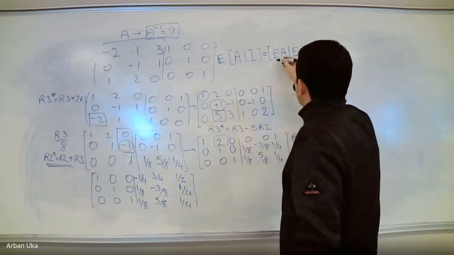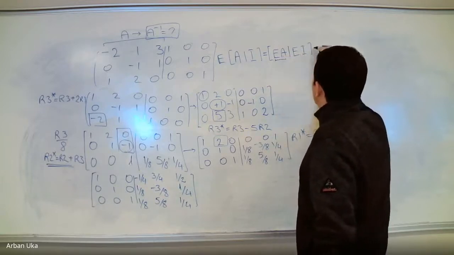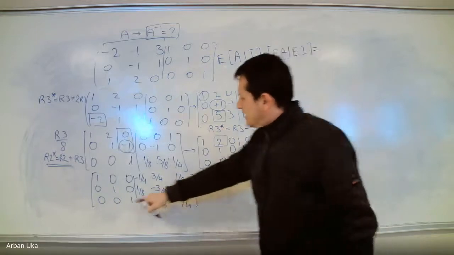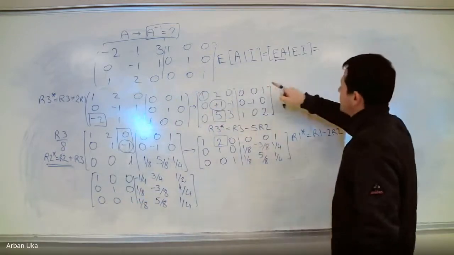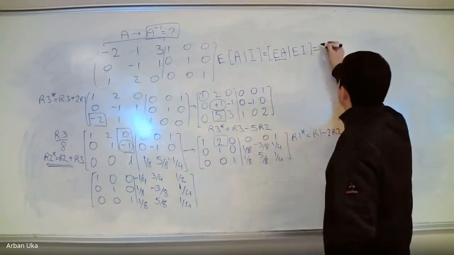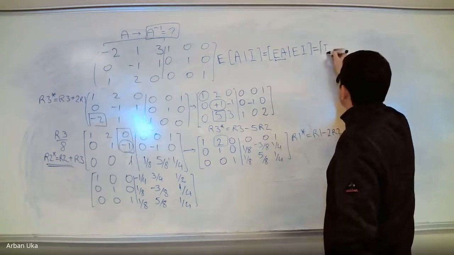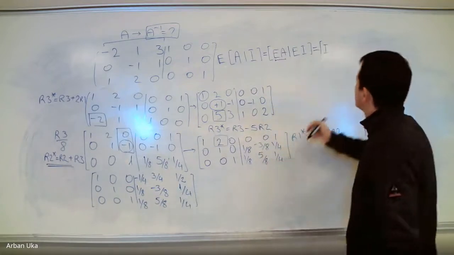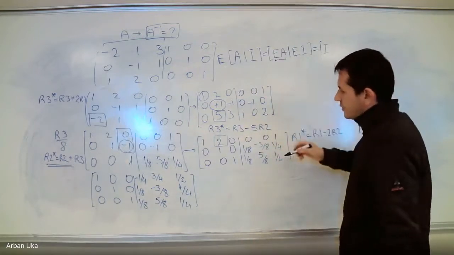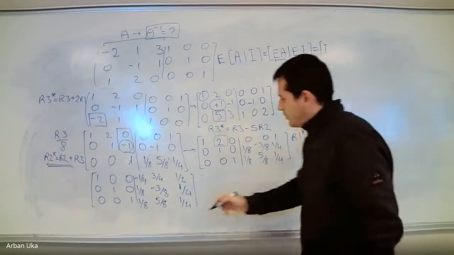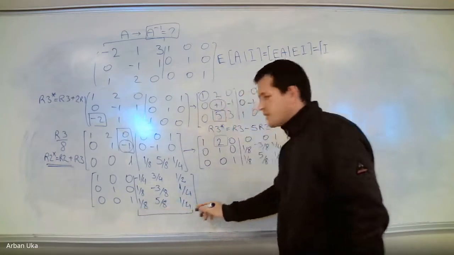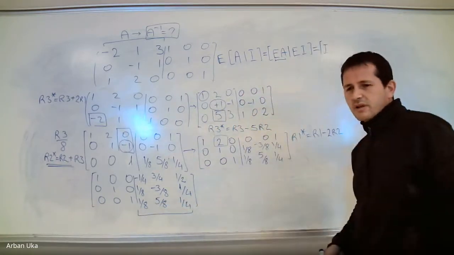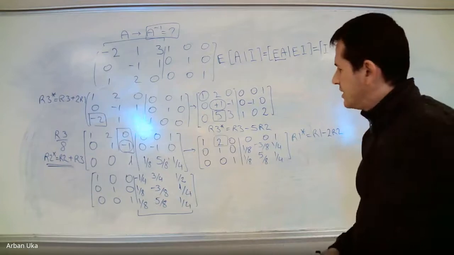Now, this E times A, what did we get? We got the identity matrix here, so we can continue. So this matrix that we applied here, this is the identity matrix times this matrix. Let's call it, I don't know what we can call it, but of course we can come up with some names. Probably more than 3/4 of the class know what it is.